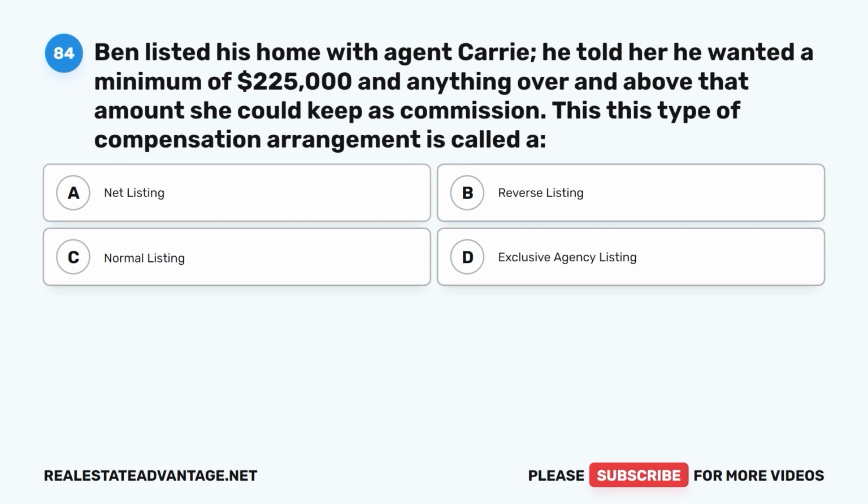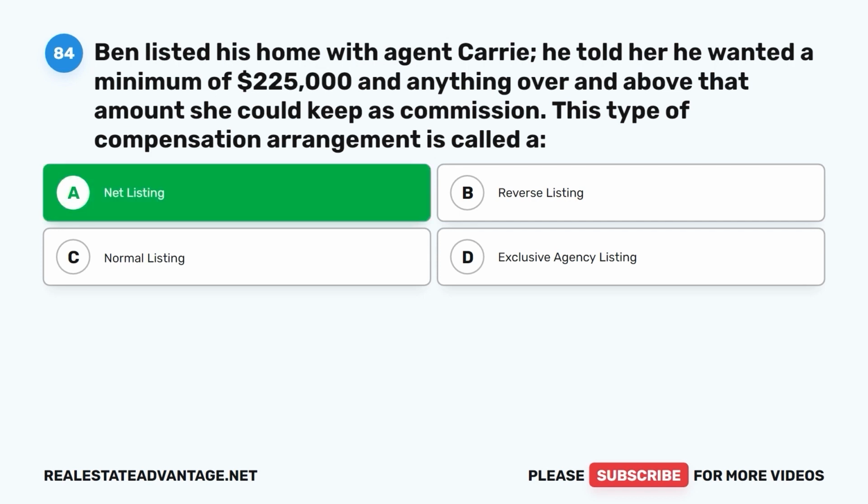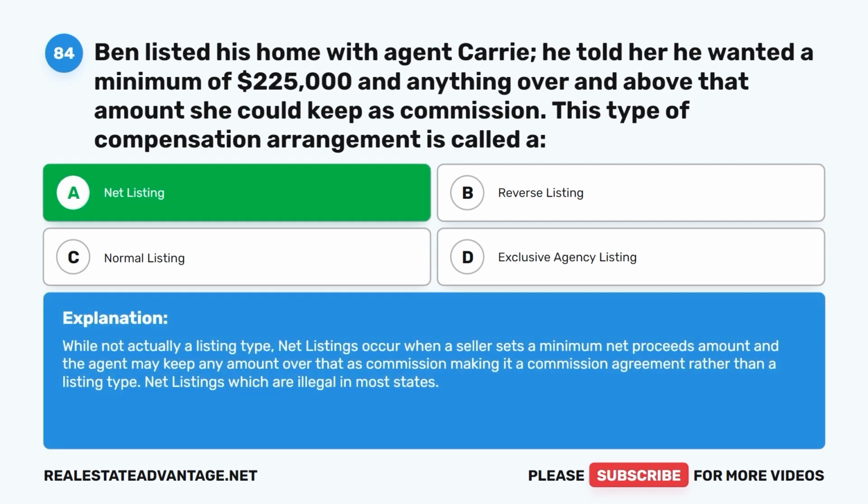D. Exclusive agency listing. The correct answer is A. Net listing. While not actually a listing type, net listings occur when a seller sets a minimum net proceeds amount and the agent may keep any amount over that as commission, making it a commission agreement rather than a listing type. Net listings are illegal in most states.